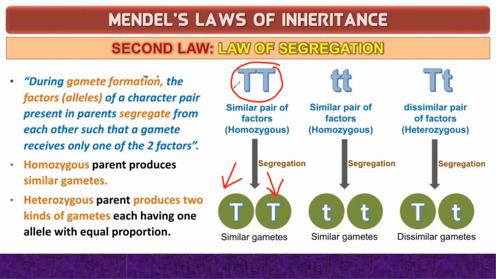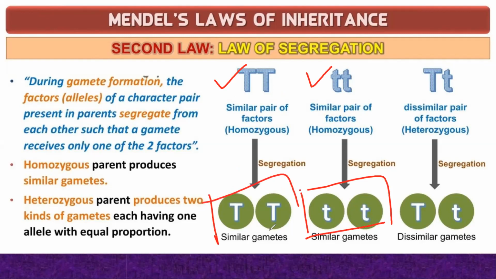Here you can see these two are homozygous, so the gametes are the same. Homozygous always produces similar gametes, whereas heterozygous produces two kinds of gametes, each having one allele in equal proportion.